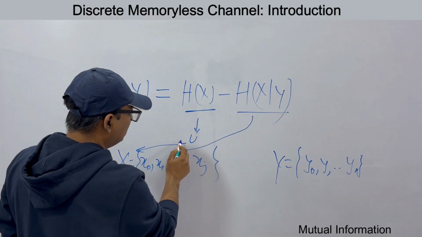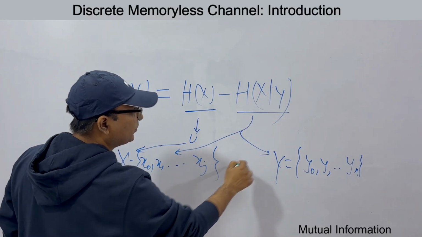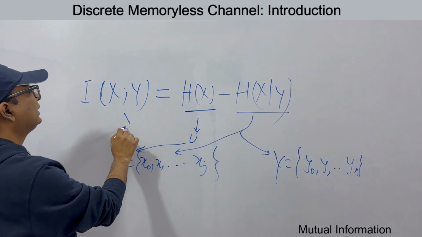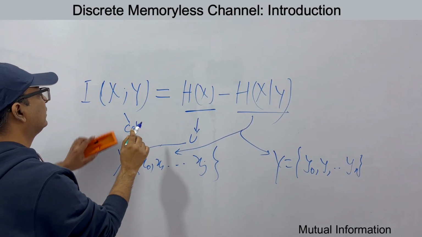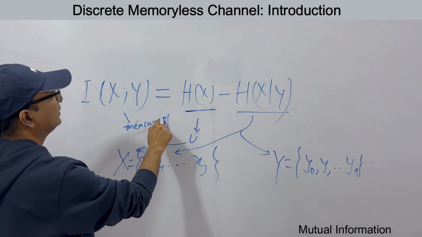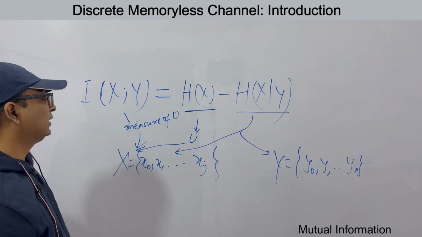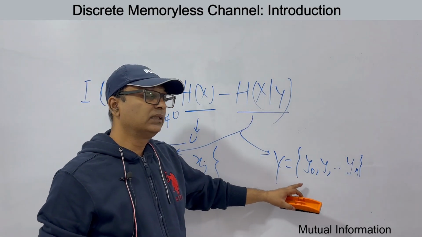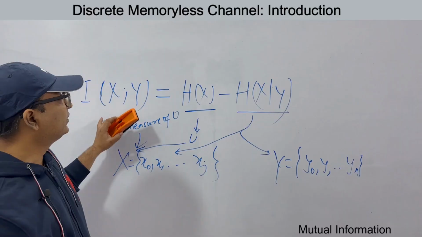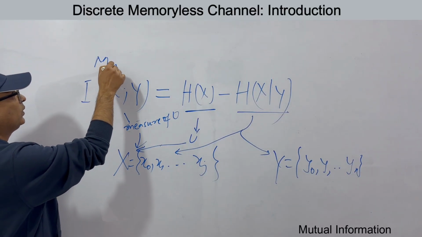But this is when we don't know about y, and this is when we know about y. So it is a measure of uncertainty of the channel input x after resolving the output y. This is the definition of mutual information. Clear?